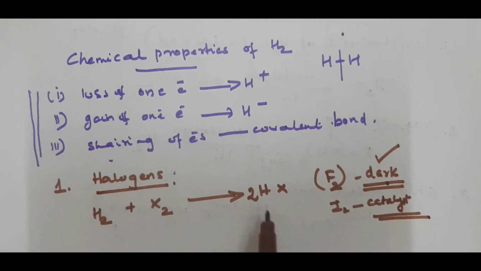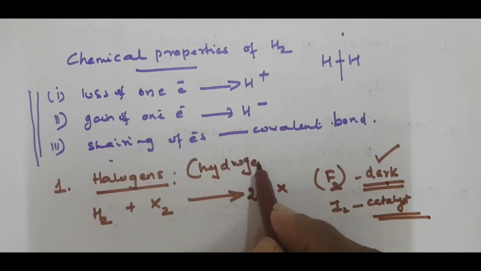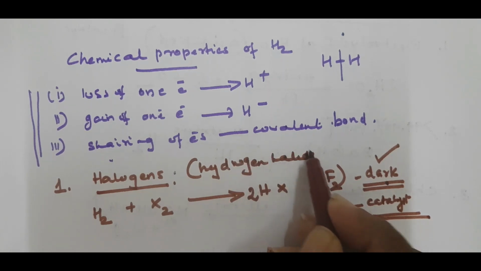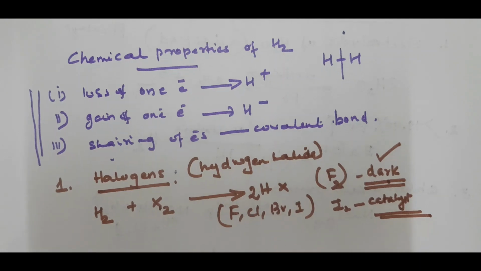So the first reaction forms hydrogen halide. Isn't it simple? You can have all the examples, X being fluorine, chlorine, bromine, iodine, and give the product.